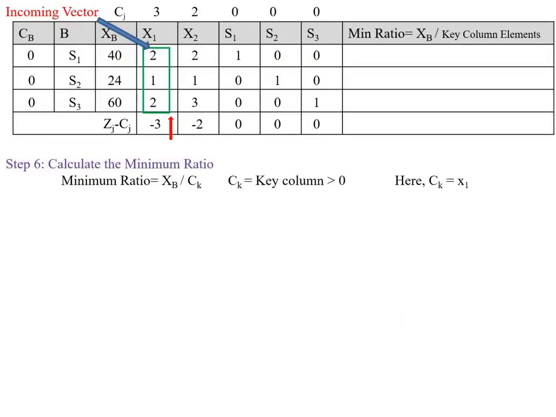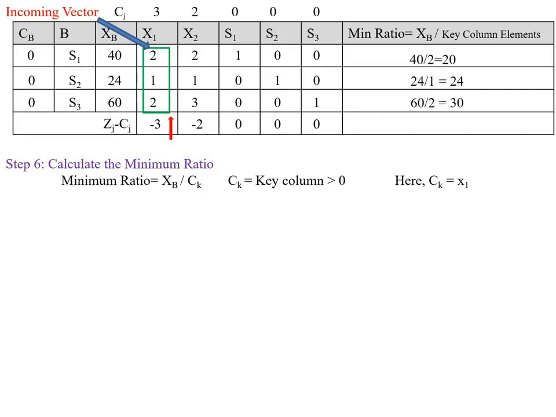Next step is to calculate the minimum ratio of Xb divided by Ck. Here Ck is the key column elements. First we find the minimum ratio for the S1 basic variable: the Xb value is 40 and the key column element is 2, so 40 divided by 2 is equal to 20.